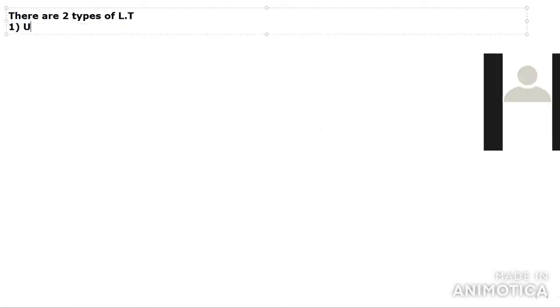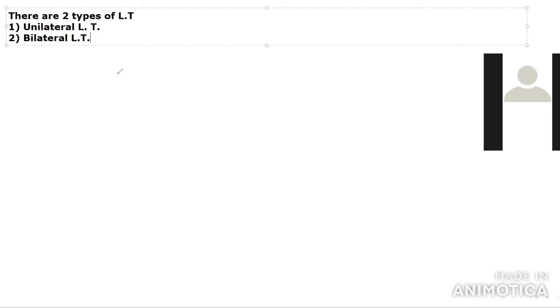One is the unilateral Laplace transform, and the second one is the bilateral Laplace transform. So, what is meant by unilateral Laplace transform? What is meant by bilateral Laplace transform?